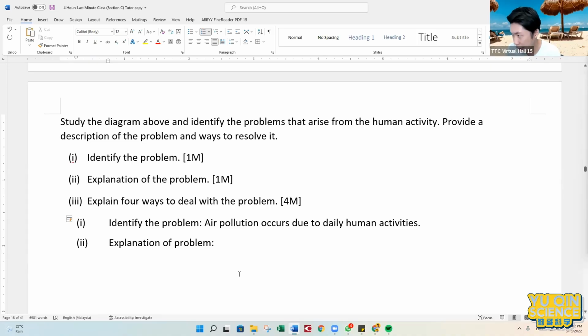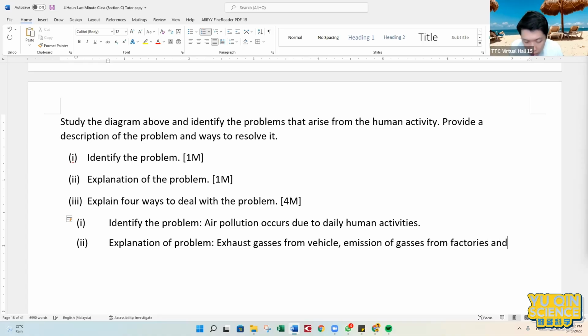Okay, so the first picture is exhaust gases from vehicles, comma, the second one is emission of gases from factories, and the third one is forest fire.